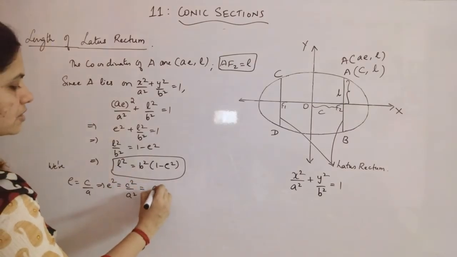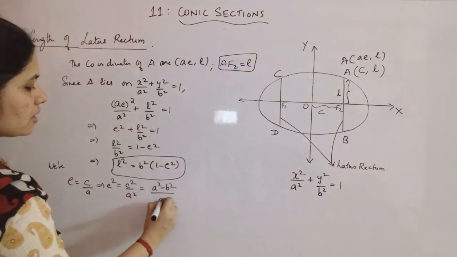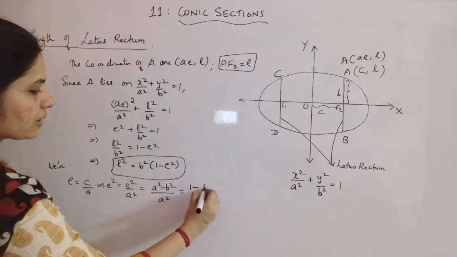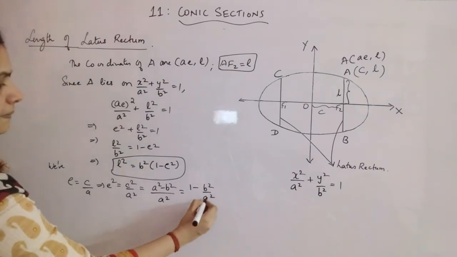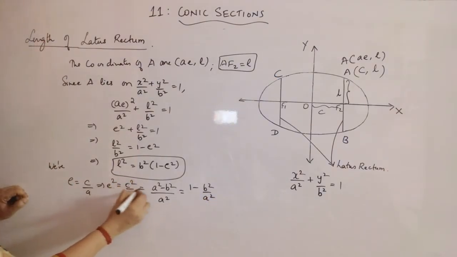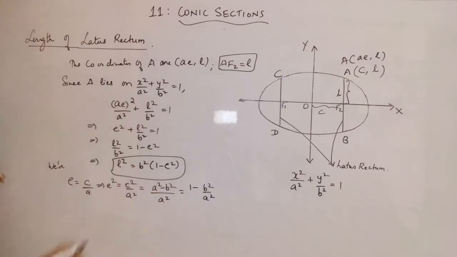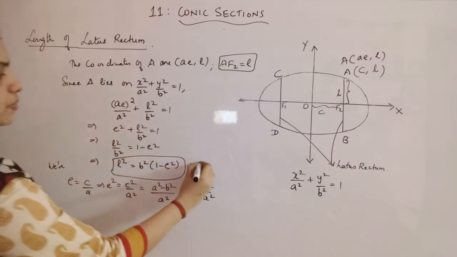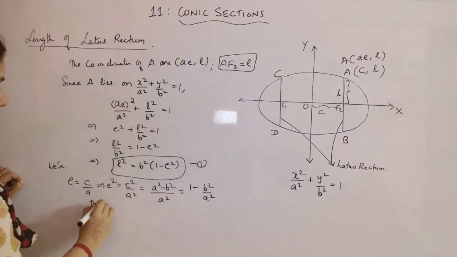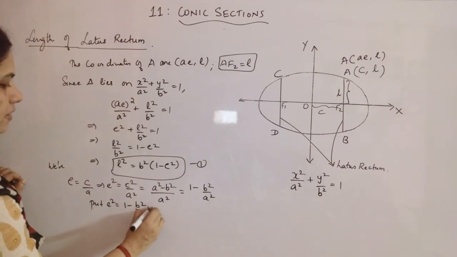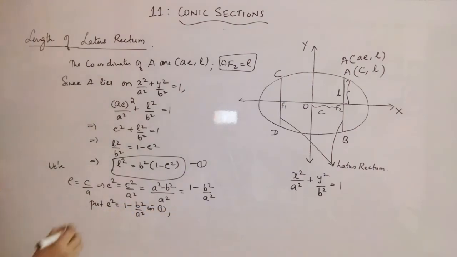So we replace c square with a square minus b square, divided by a square. After separately dividing, you get 1 minus b square by a square. So you have got e square as 1 minus b square by a square. Now we replace this value of e square in the earlier equation.